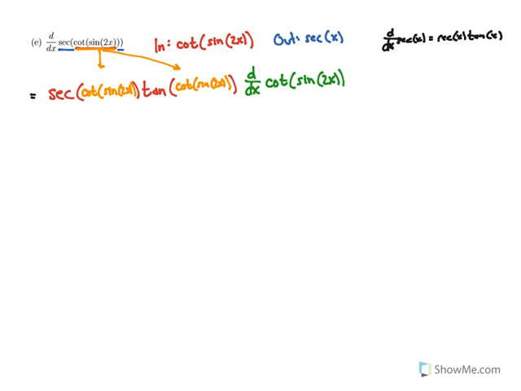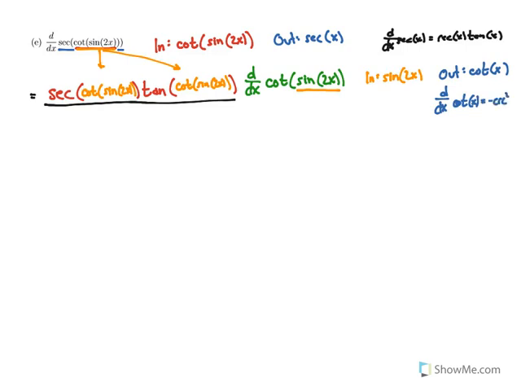All right, so I am not going to rewrite every single step until the last little bit. So now new problem, derivative of cotangent of sine of 2x. And this is, again, chain rule, where the inside function is sine of 2x, and the outside function is cotangent of x. And we know the derivative of cotangent is negative cosecant squared.